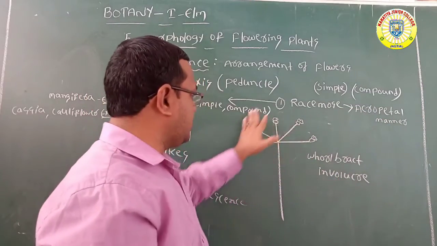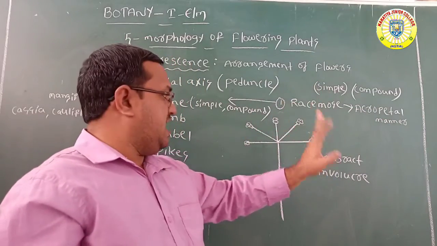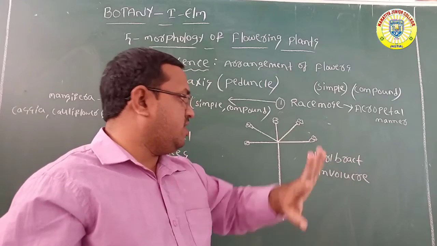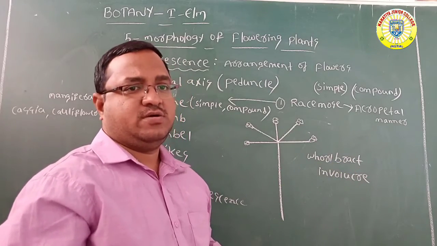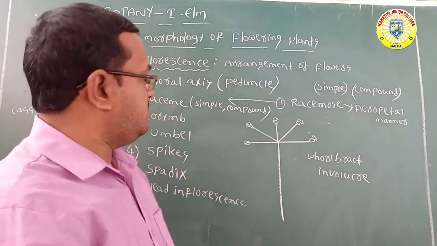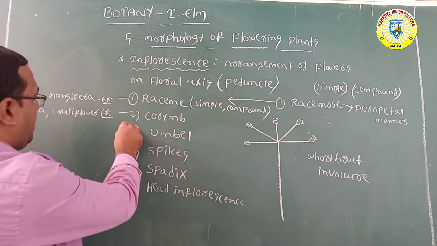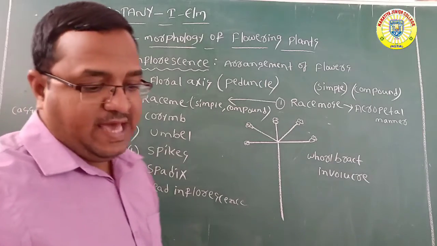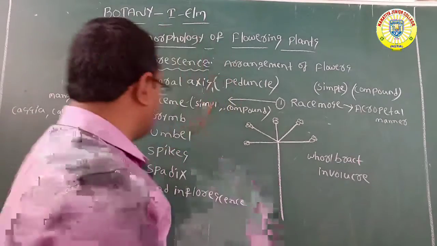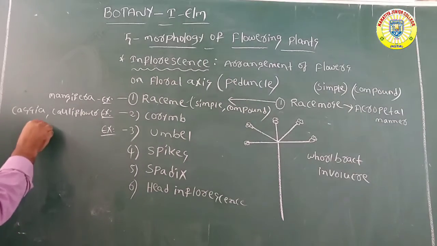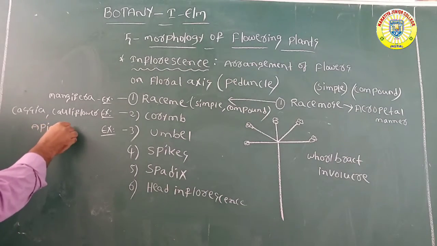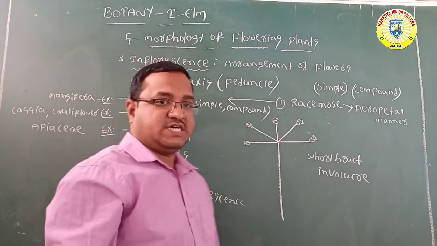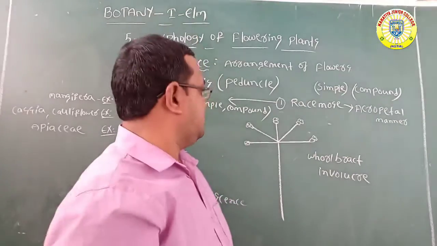So the total inflorescence is covered with a roll of bracts, that is involucre. Best example of umbel: onion, and the Apiaceae family. Best example of umbel inflorescence.